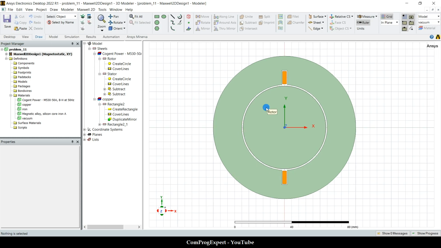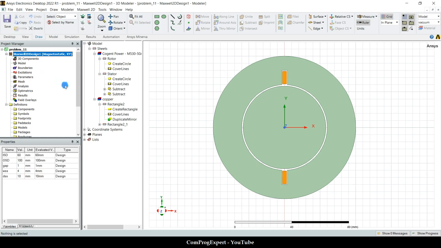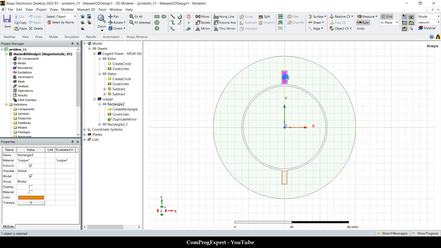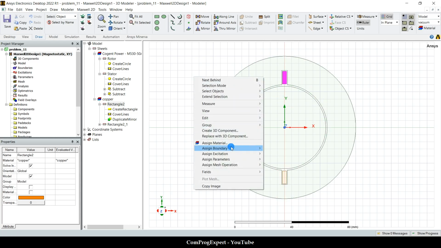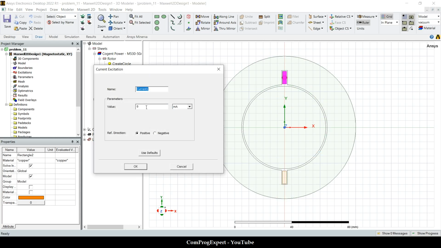Save the project. I am going to excite the stator coil and calculate the field generated by the stator coil. How can we do that? Here we should select this object first, assign excitation.